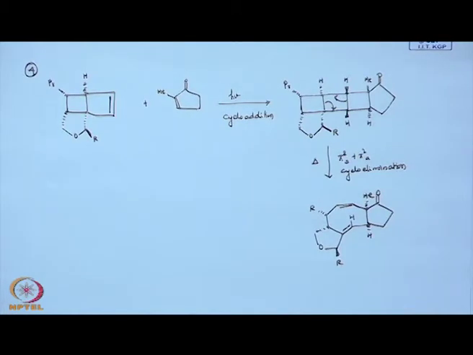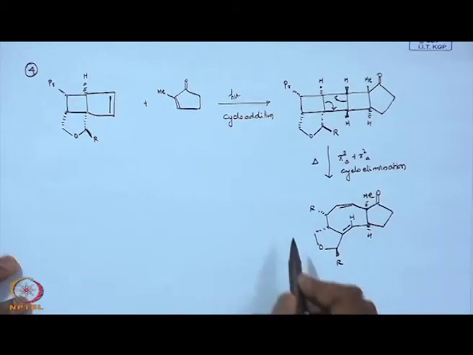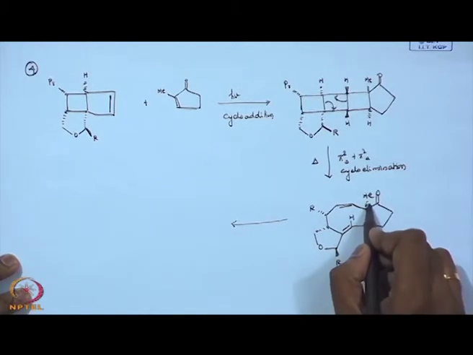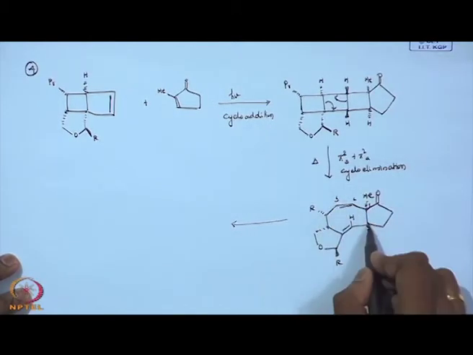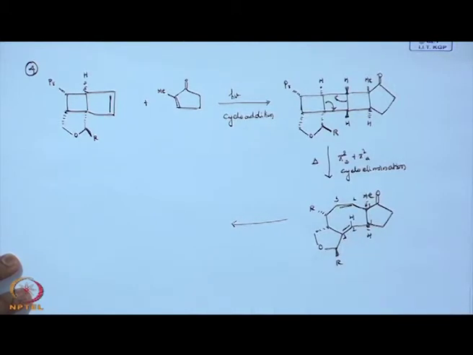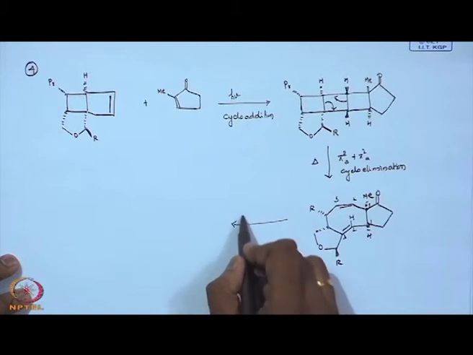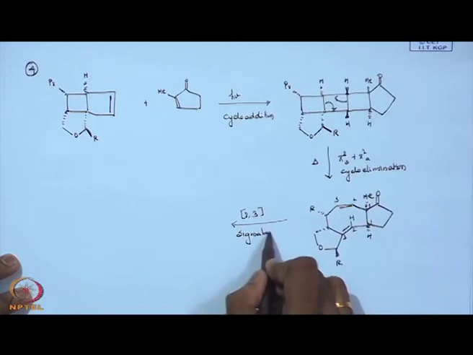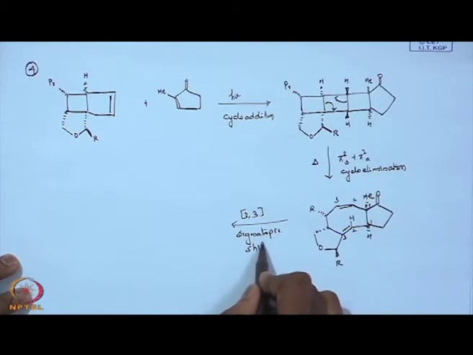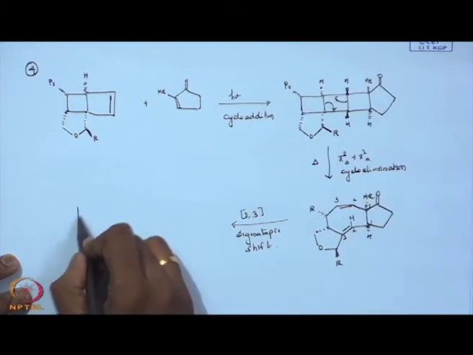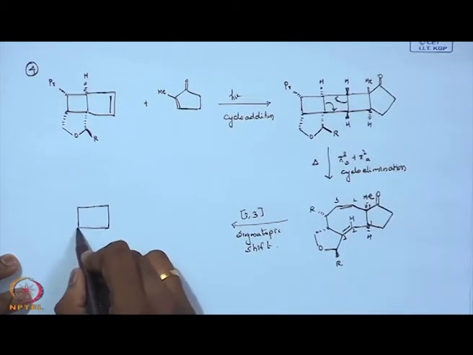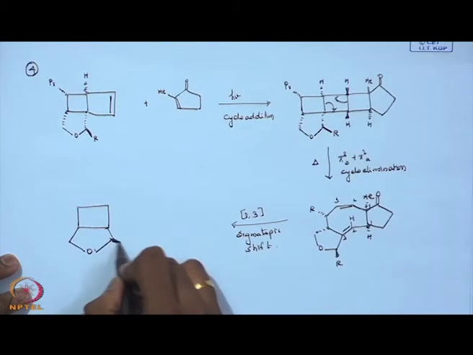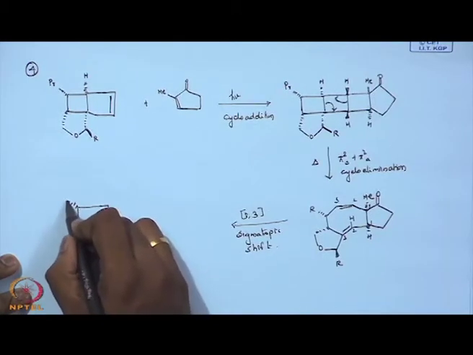Now tell me what you can expect from here. Yes, very good. So you can have a 1 2 3 sigmatropic. So 1 2 3 and 1 2 3. You can have a 3,3 sigmatropic shift to give you propyl.